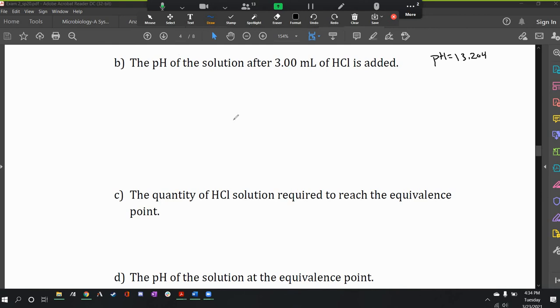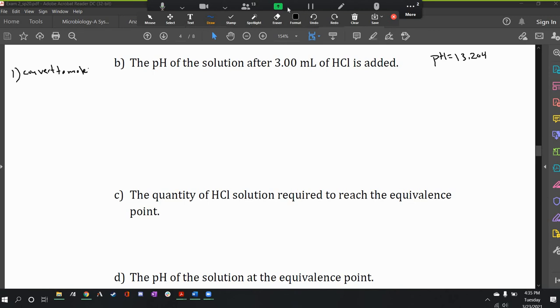All right. So now we're going to add a little bit of acid to our original base solution, and then we're going to recalculate the pH. Once you start the actual titration is when you have to change things into moles. So step 1 here is to convert to moles, and that's how you simulate what's happening in the reaction on paper.